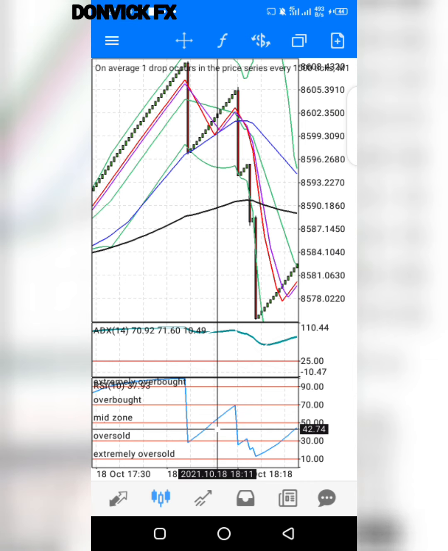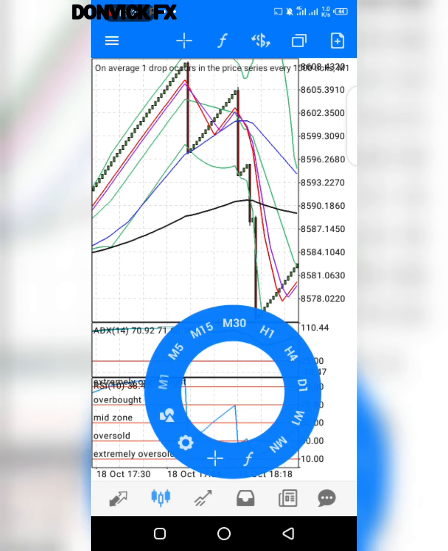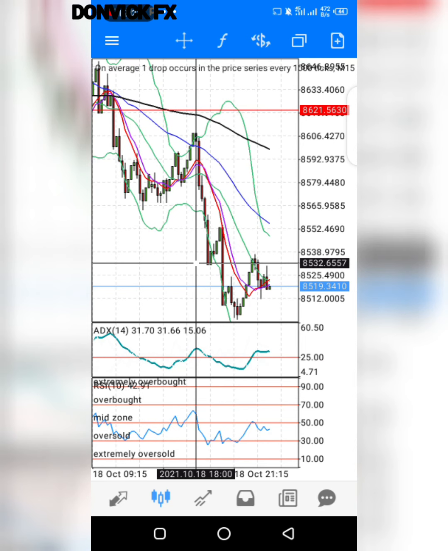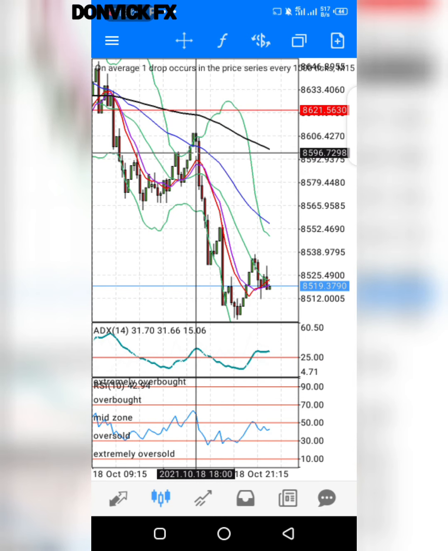Now, when you're taking your risk management lot size, you come to your M1, or better still, you can first check your M15. Let's check our M15. Okay, this was our 1800.